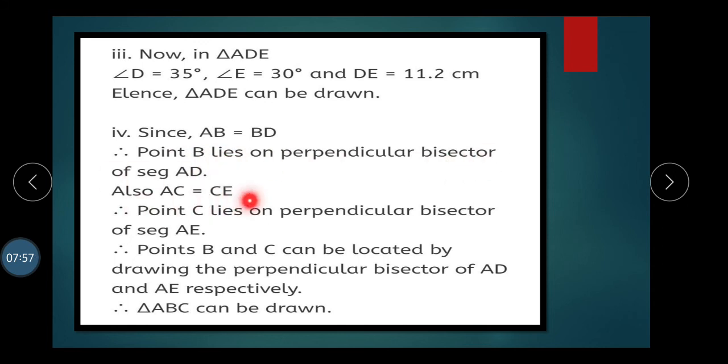Also, AC is equal to CE, so point C lies on the perpendicular bisector of seg AE. Points B and C can be located by drawing the perpendicular bisectors of AD and AE respectively. Therefore, triangle ABC can be drawn.